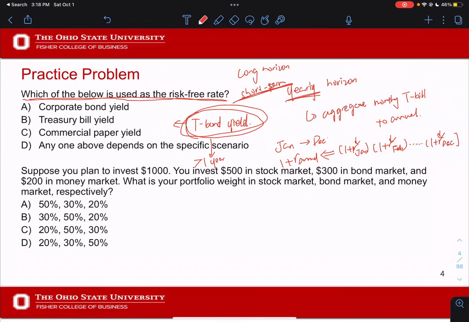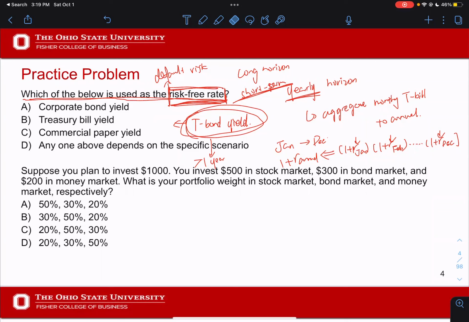And another reason why treasury bond is also okay is because this risk-free rate, most of time is talking about default risk. So, well, roughly speaking, if a product does not have any default risk, then it's fine. So because treasury bond and treasury bill are both backed by the US government.